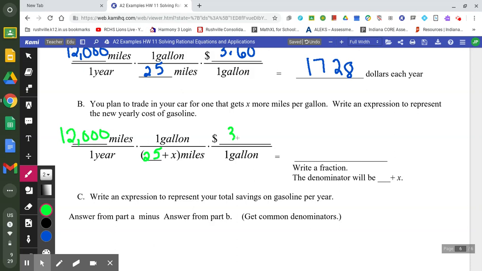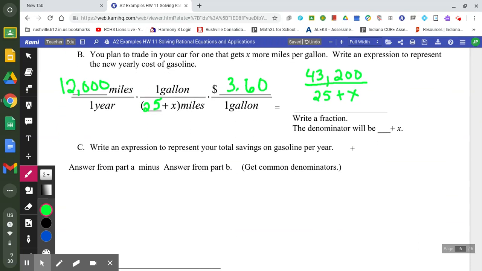The gas is still $3.60 per gallon. And so I'm going to write that as a fraction. And it was my 12,000 times $3.60 was 43,200 over my 25 plus X. So that is my answer for B.